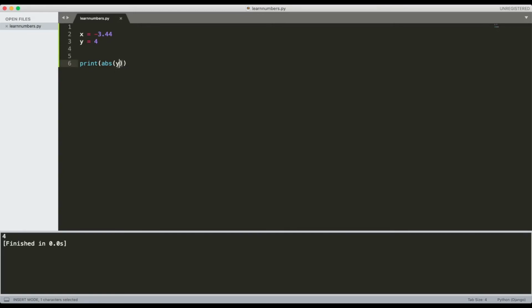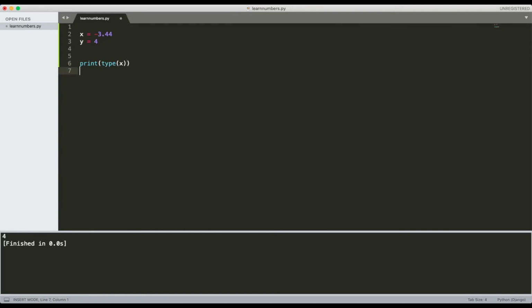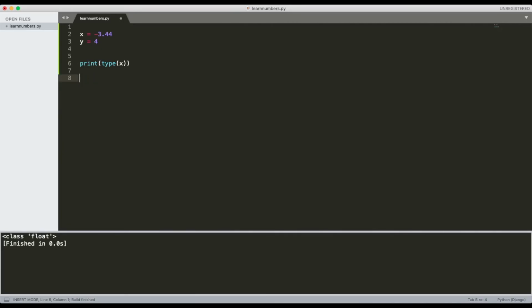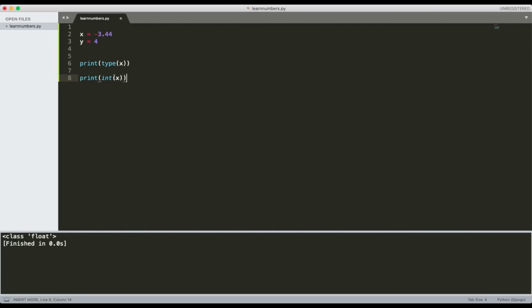Finally, a last thing I'll talk about is type conversion. Type conversion, all that means is now we know that x is a float, right? But I can actually make it an integer by using int as a function and sending the number as an argument.